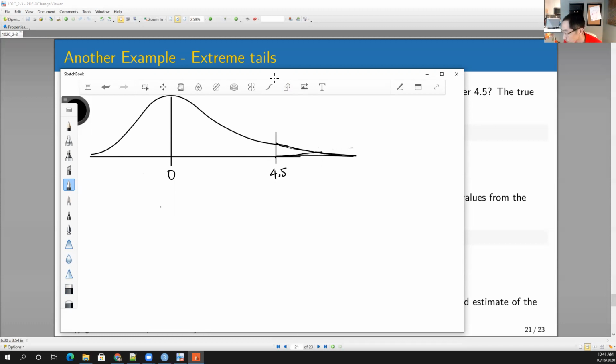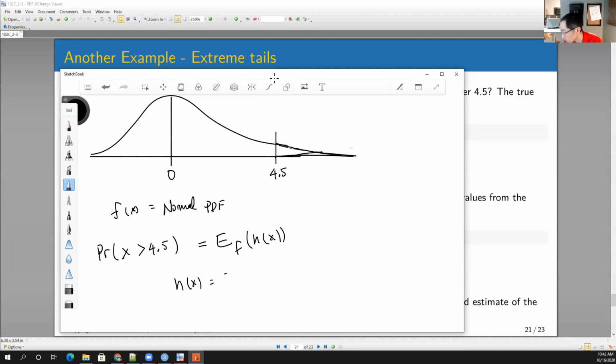If you think about it, if f of x is basically the normal PDF, and we want to know the probability that x is greater than 4.5, what we're saying is that this is equal to the expected value of h of x, where h of x is the indicator that x is greater than 4.5.